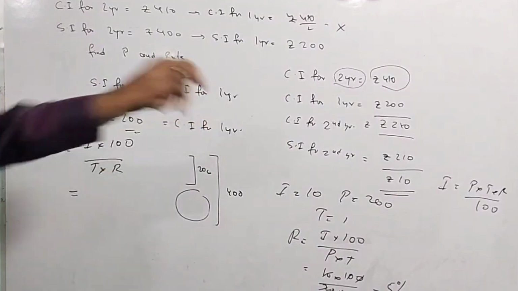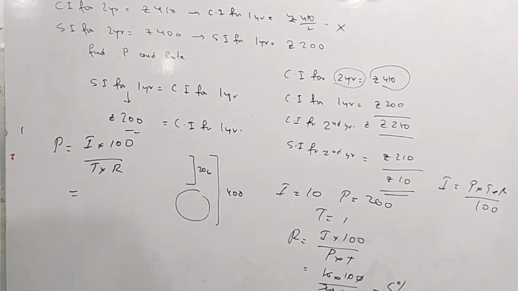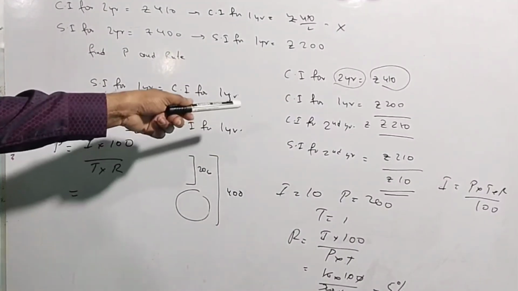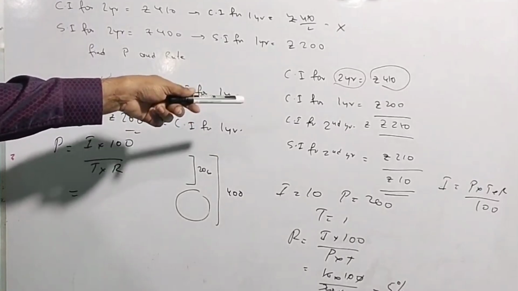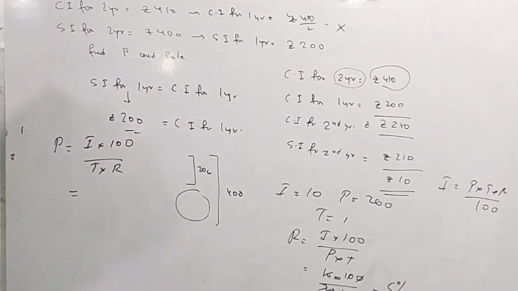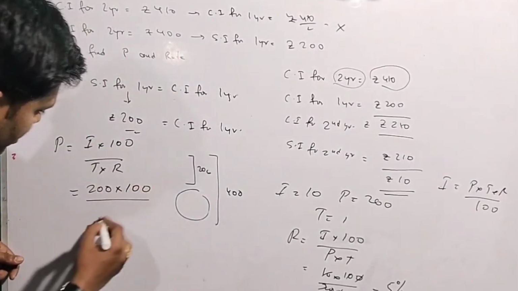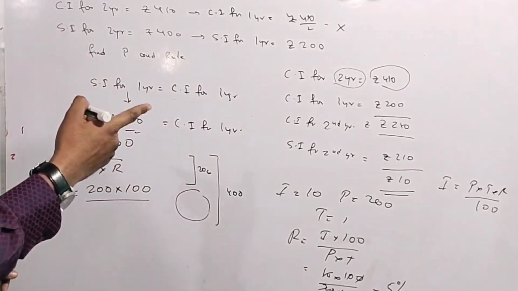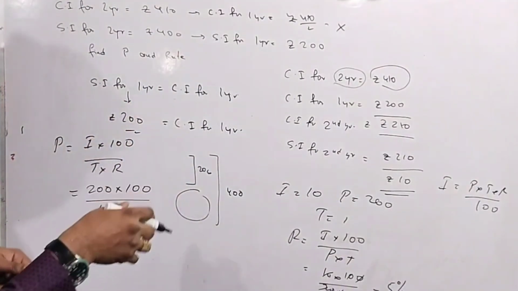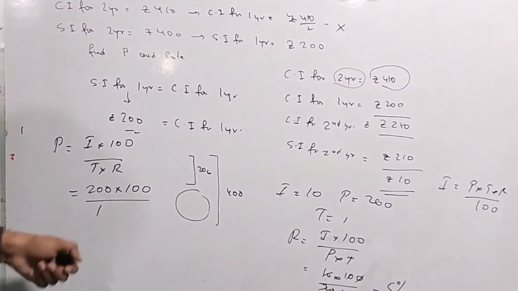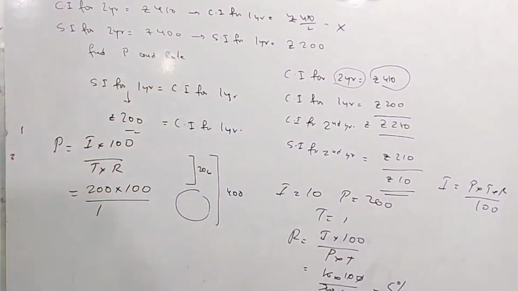The interest is 200 rupees for one year. So 200 into 100 by time, for how many years? They told you 1 year. For 2 years it is 400, for 1 year it is 200.